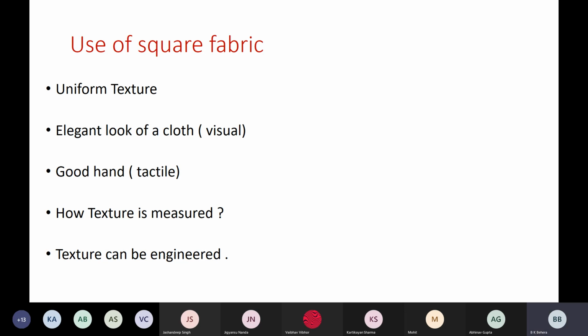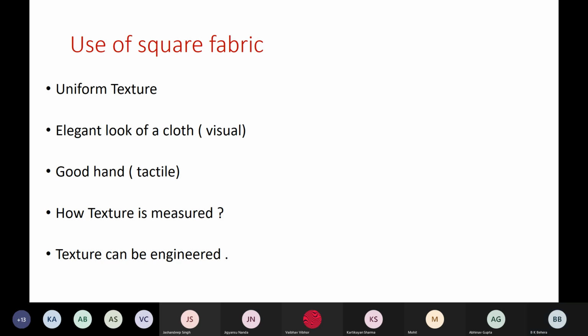But remember, texture for textile people in woven fabric is a measurable quantity. We can express it numerically. Texture means uniformity in appearance, which produces an elegant look of a cloth.